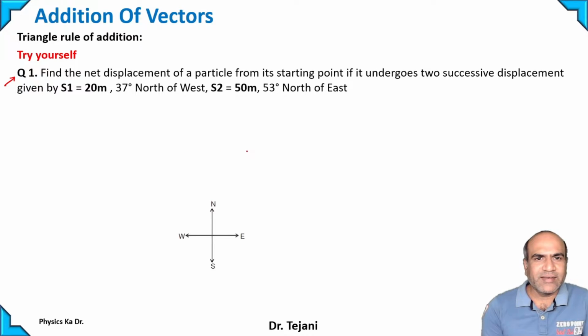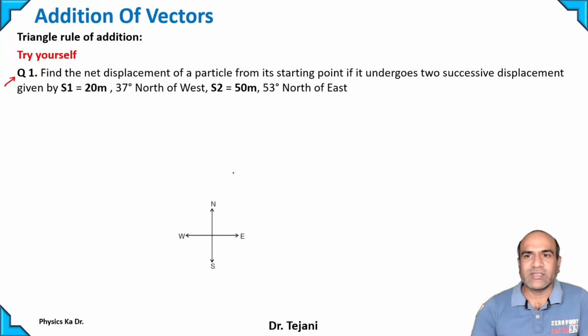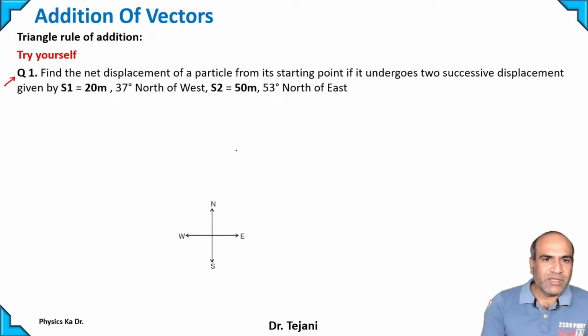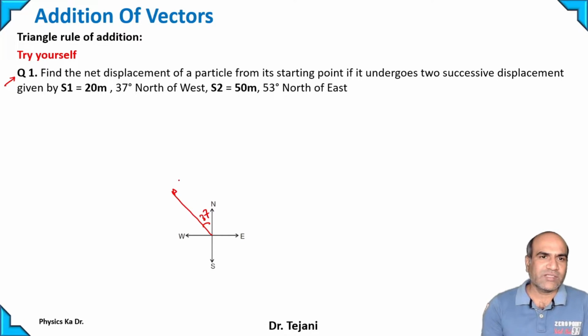Find the net displacement of a particle from its starting point, if it undergoes two successive displacements. S1 is 20 meters at 37 degrees north of west, and S2 is 50 meters at 53 degrees north of east.